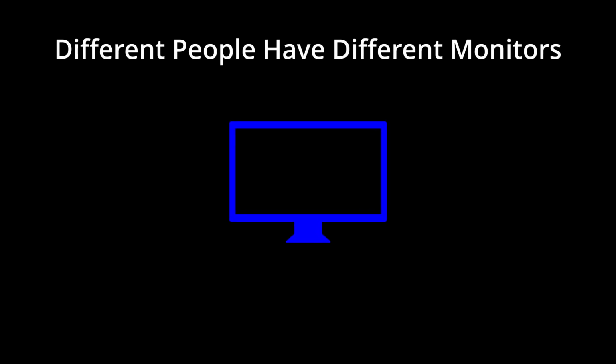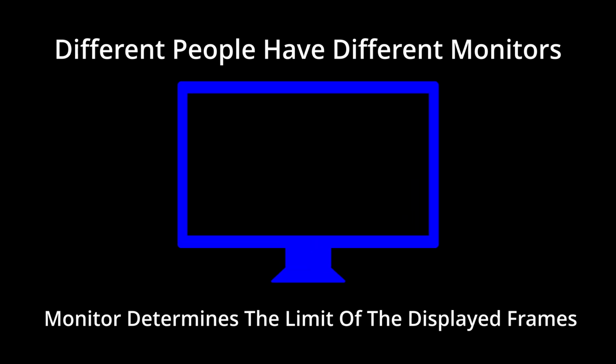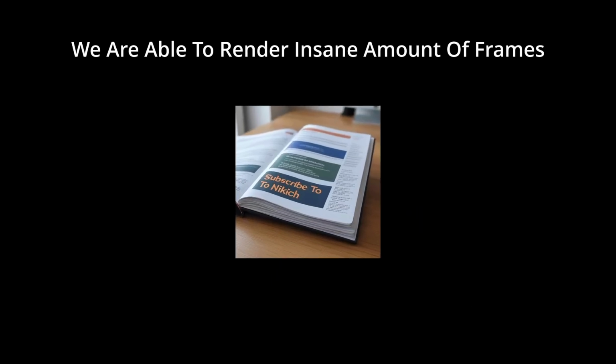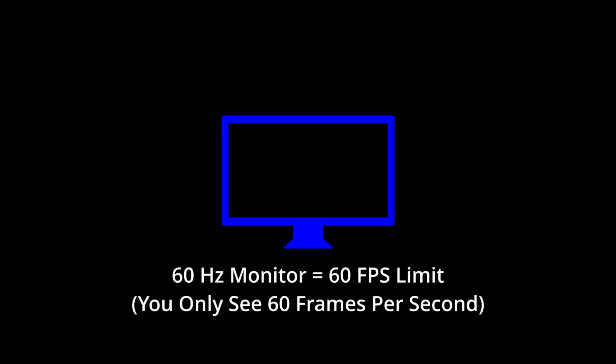Another example. Different people have different monitors. The monitor you have determines the limit of the displayed frames. So, for example, you might have a super thick flipbook and a super powerful computer. But if your display is 60 Hz, then that means that you can only handle 60 frames per second.